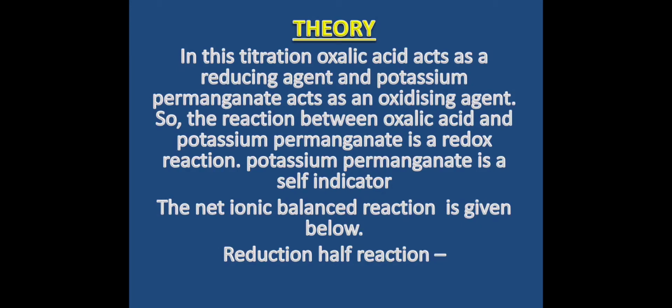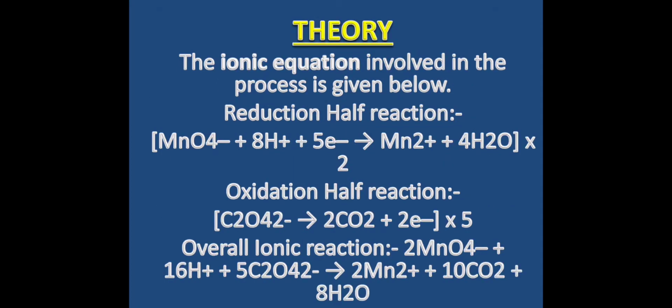The net ionic balanced reaction is given like this: MnO4 minus plus 8H plus plus 5 electrons reducing into Mn2 plus along with 4H2O, and in the oxidation half the oxalic acid is oxidized into carbon dioxide, plus 2 electrons.